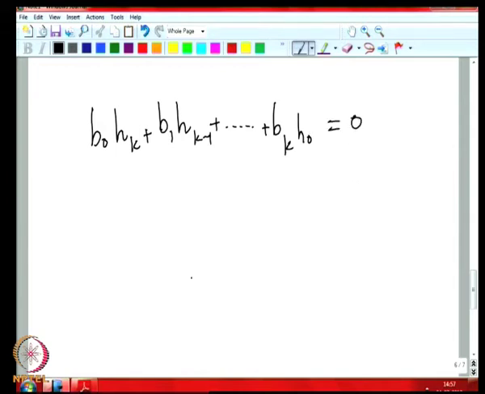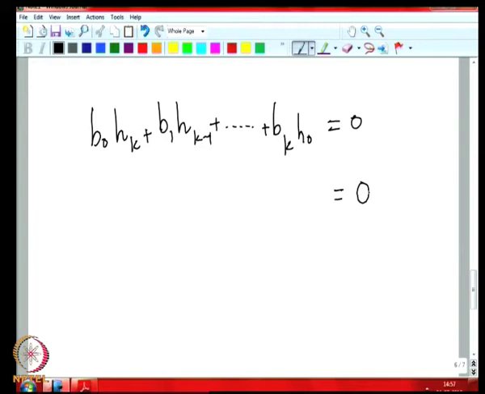Now, from now on, everything will be like this. For instance, if you want to consider the coefficient of x raised to k plus 1, again it is 0 from the left hand side, because p of x does not have any x raised to k in it, because it is a polynomial of degree at most k minus 1.